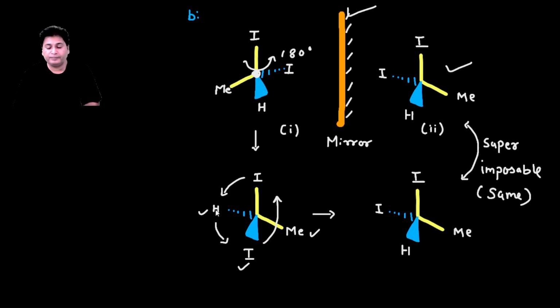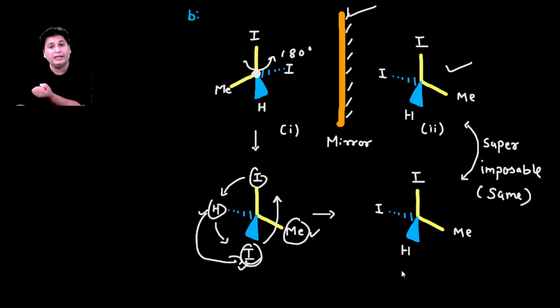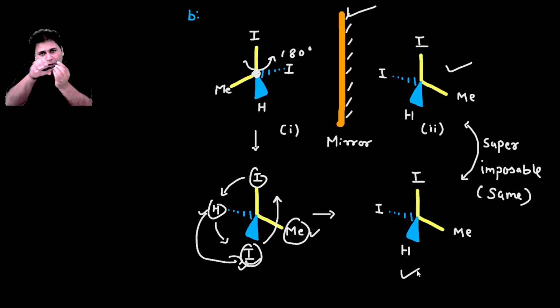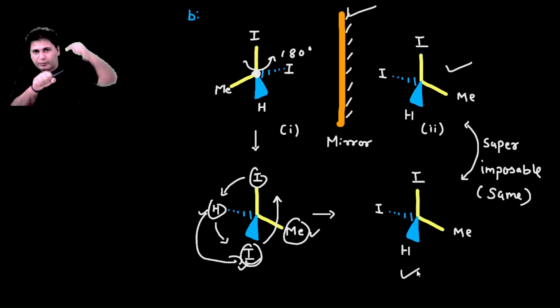Now I kept the methyl in the same position and just rotated the other three this way. As I rotated the three by 120 degrees, this iodine will come here, this iodine will go there, and this hydrogen will come here, and you will get this diagram. So I took the compound, held the methyl in the same position and rotated it 120 degrees like this.